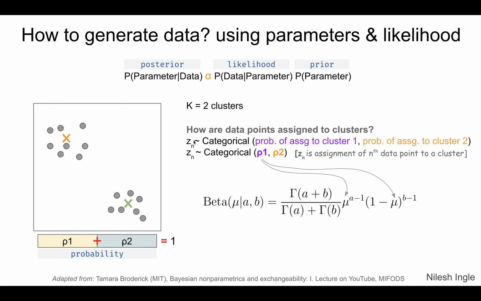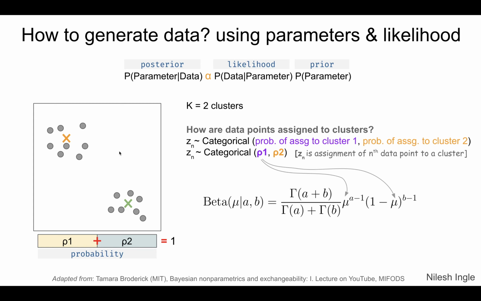So how are then the data points assigned to each of these clusters? So we create a variable z of n. What that variable does is, let's say it holds the values of probability of each of the data points, for the values of probability that comes from the distributions that represents the clusters.